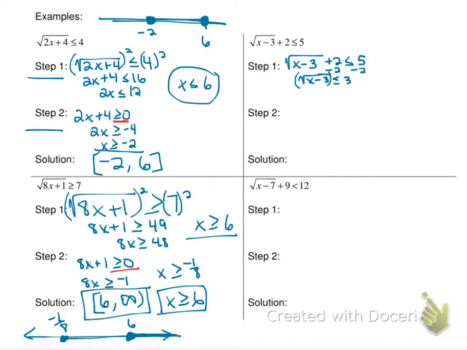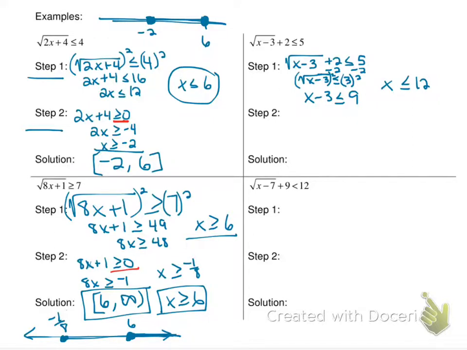Now I can square both sides. Okay, then I get x minus 3 is less than or equal to 9. So x is less than or equal to 12. Okay, so that's the first part. So I subtracted the 2, I squared both sides, and I solved for x.